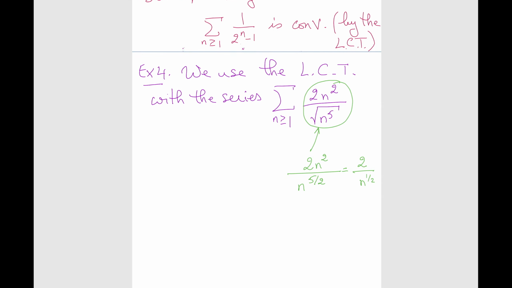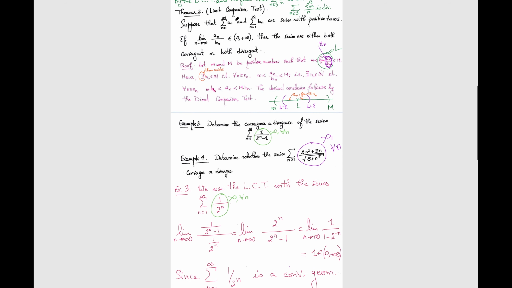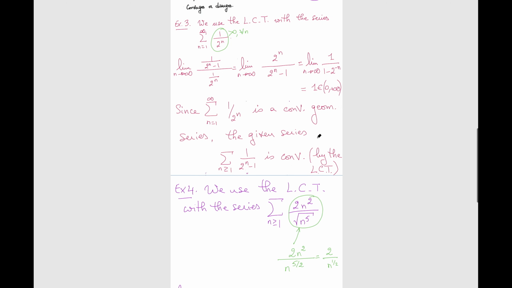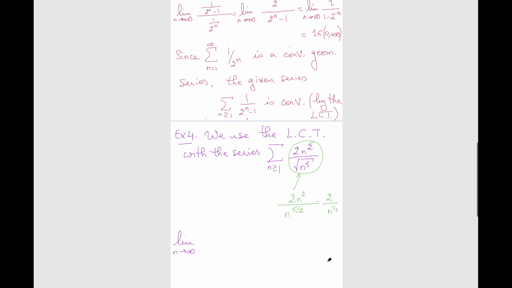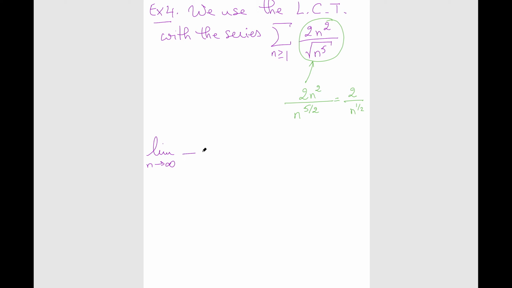All right, so now I'm going to take the limit as n goes to infinity of an divided by bn, right? This is what the limit comparison test says. Take the limit of the quotient. So I'm going to take this, let's say, as an, and this as bn. So let me copy. 2n squared plus 3n divided by square root of 5 plus n to the 5.